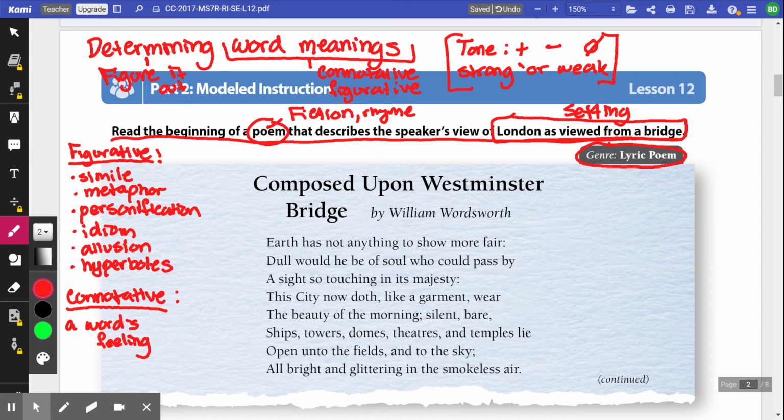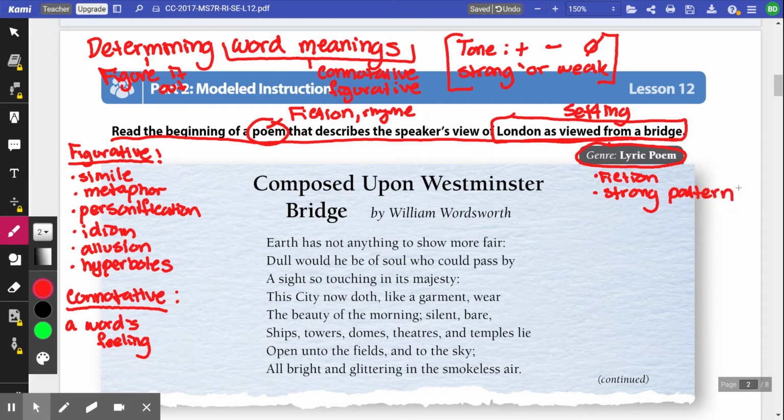So we've already taken some source book notes on lyric poems, so you already know a little bit about it. But let's just do a little refresher, right? So we know it's a poem, so that automatically means that it's fiction. And lyric poems usually have a very strong pattern within them. There is some kind of pattern, some kind of repetition.